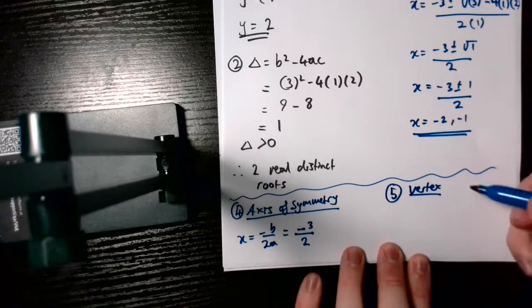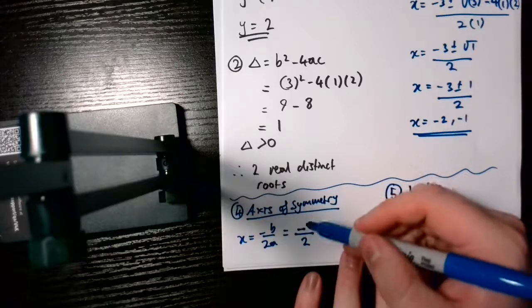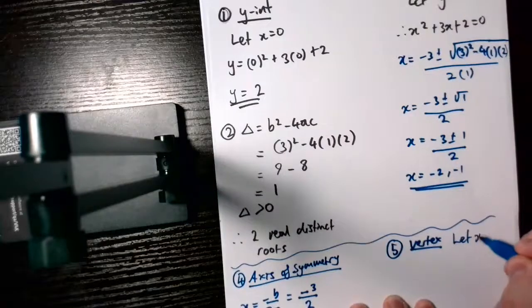The final step that we have to do is to find the vertex. Now our vertex occurs at the x point where our axis of symmetry is happening. So we should take the x value of our axis of symmetry and substitute it back into our original equation. So I let x equal minus 3 on 2.